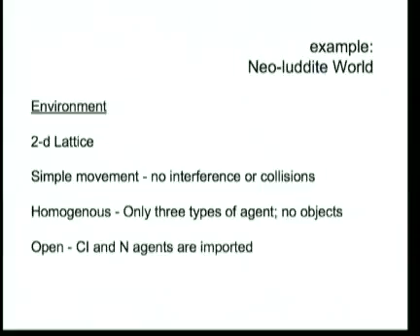There are only agents: counterinsurgents, insurgents, and neutrals. There are no other objects per se in the environment. And the environment is open, as we said. Both counterinsurgents and neutrals can be imported into the environment under some sort of policy.